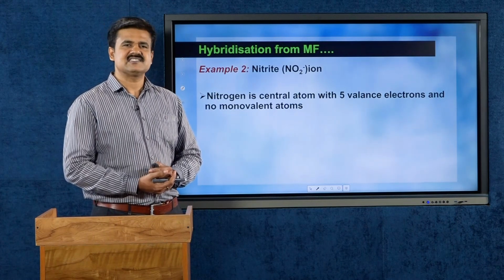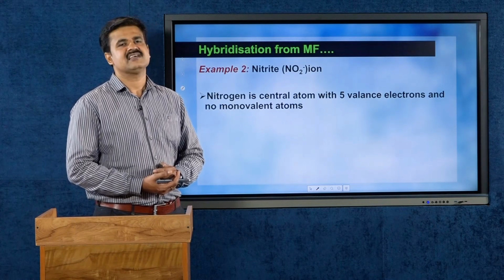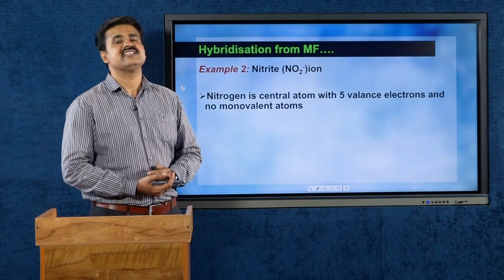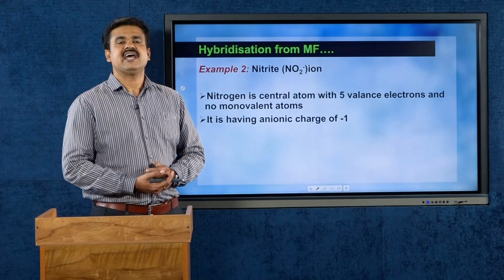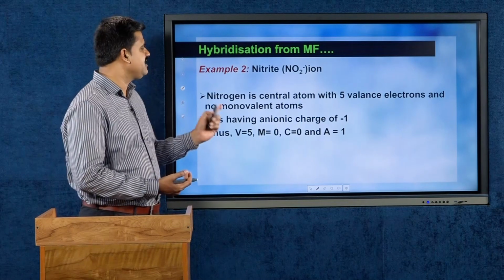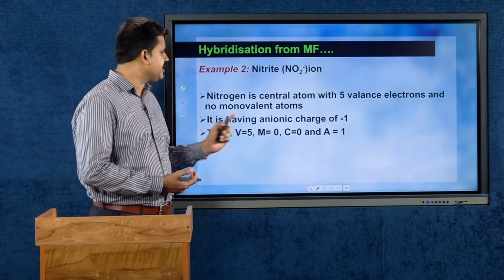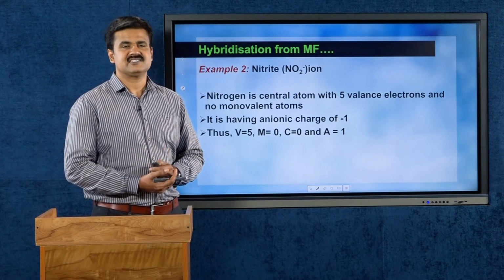Since oxygen atoms surround the nitrogen and they are divalent, we can say that in this nitrite ion there will be no monovalent atoms. It has an anionic charge of minus 1. Thus, we can conclude that V is equal to 5, that is, the number of valence electrons is 5, monovalent atoms equal to 0, cationic charge equal to 0 and anionic charge equal to 1.